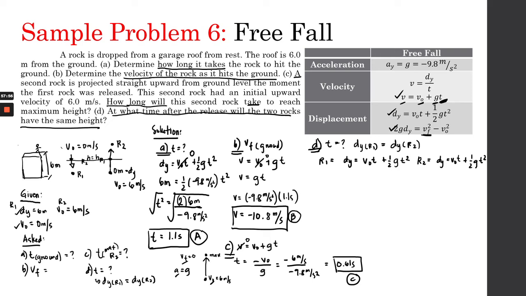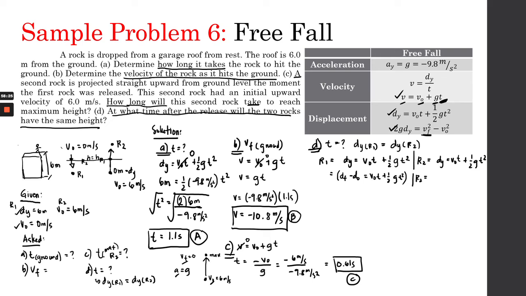And another note that we have to do is that for R1, this distance, we can also have this as a difference between the final distance minus the initial distance for rock 1, which is equal to v0 t plus 1 half g t squared. As for R2, the same thing.